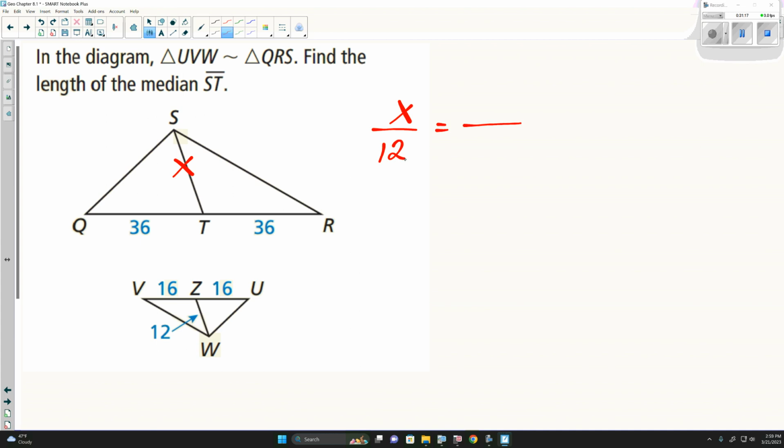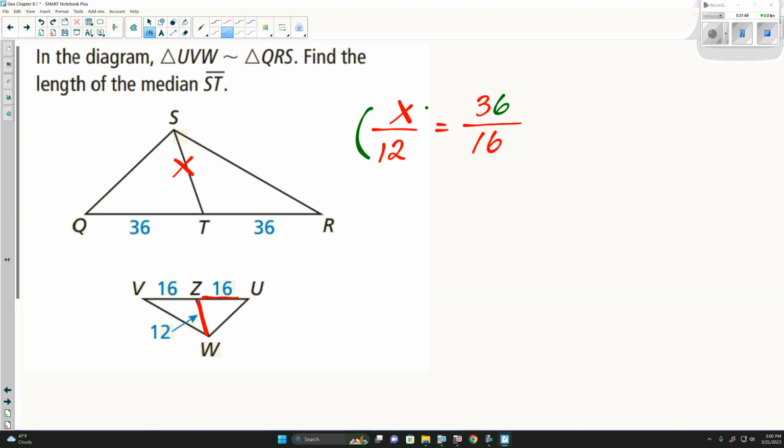Which side length is similar on the same triangle as x? And 16 is going on bottom. So x is connected with our QSR. So we need another length connected with QSR on top. Because where did we get 12 from? From down here, so we need one of the 16s from here.